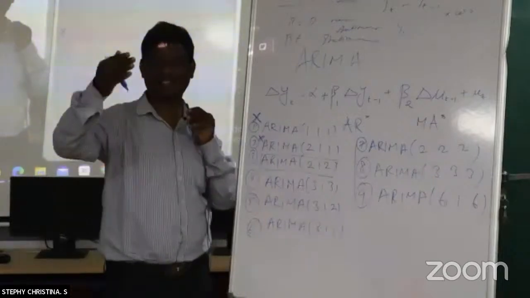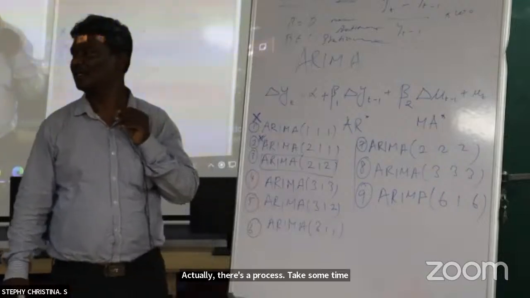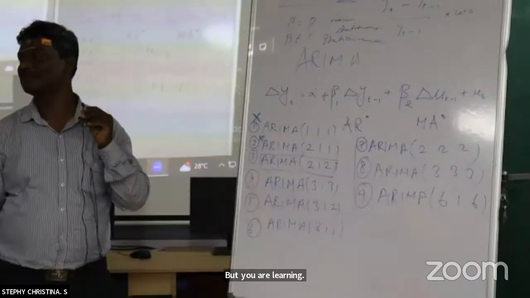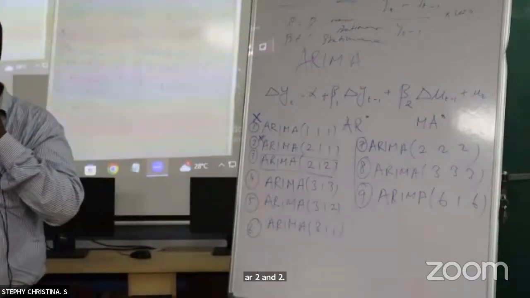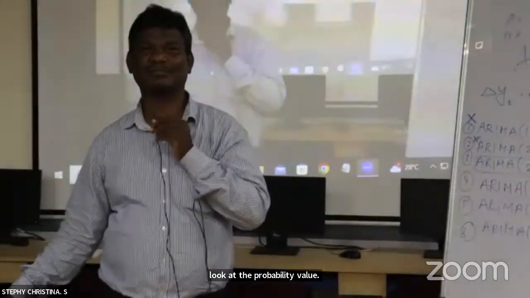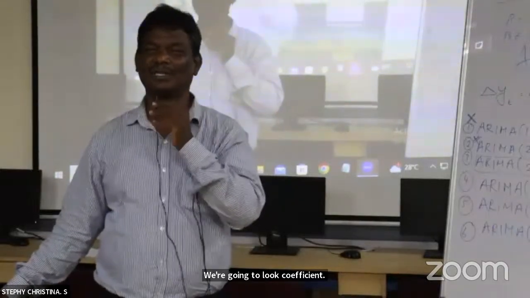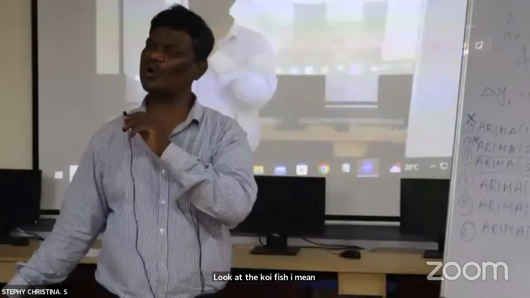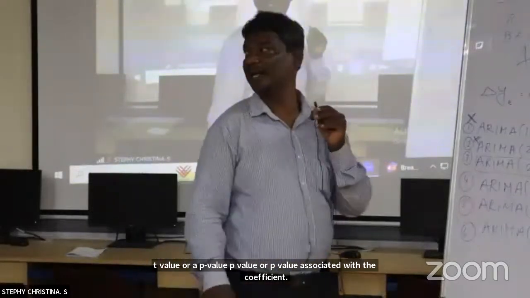Actually, this is a process. It takes some time, but you are learning. AR 2 and 2. Look at the probability value. Forget about the coefficient. Look at the t value or the p value associated with the coefficients of AR1, AR2 and MA2.